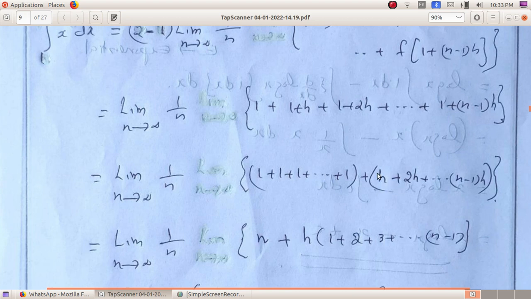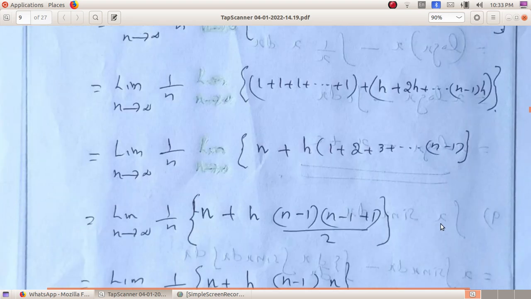When h is taken outside, 1 plus 2 plus 3 plus etc. plus n minus 1. Limit n tends to infinity 1 by n into n plus h into 1 plus 2 plus 3 plus etc. plus n minus 1. If 1 plus 2 plus 3 plus 4 up to n, suppose this is n, then what is the formula? n into n plus 1 divided by 2.